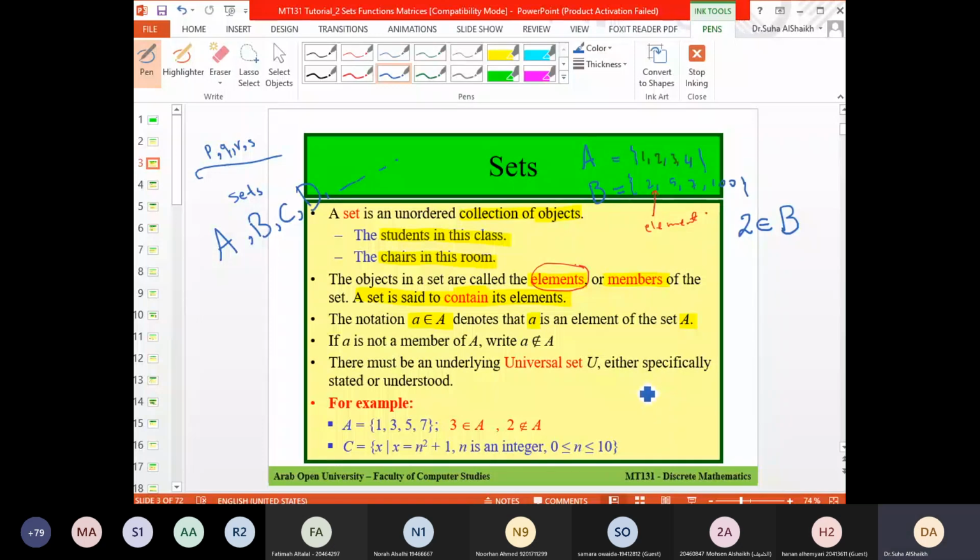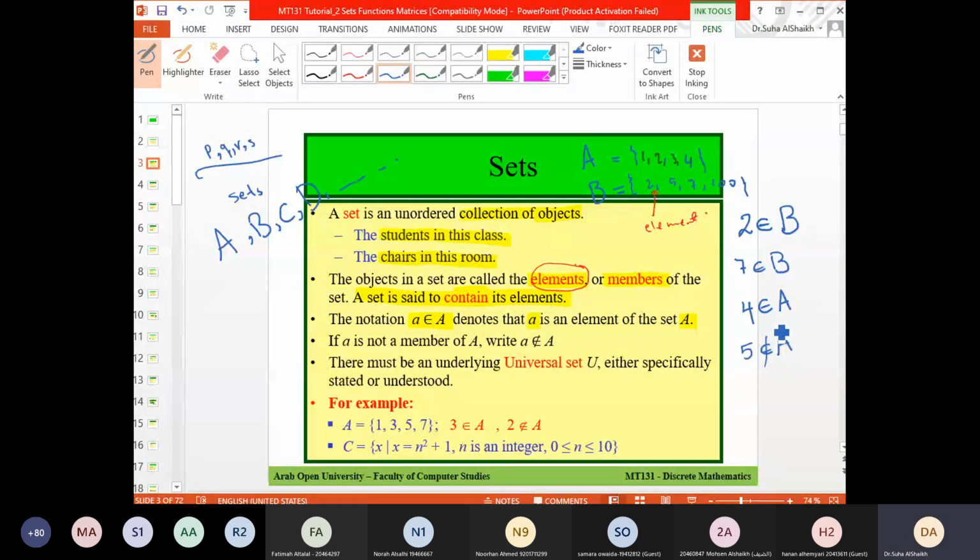Instead of saying 2 is an element in B, I say 2 belongs to B, and this is how I write it. I use this symbol. For example, I can say 7 belongs to B. For A, I can say 4 belongs to A. If the element is not inside the set, for example 5 is not inside A, I say it does not belong to.